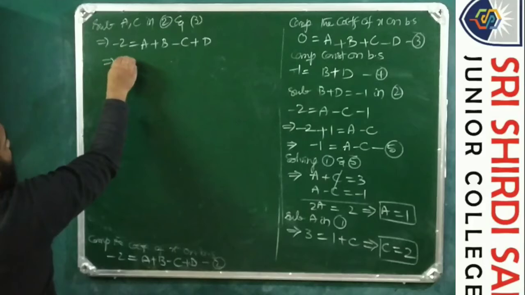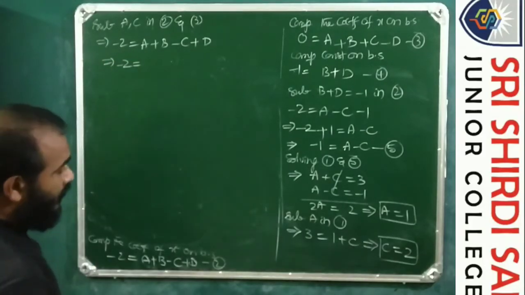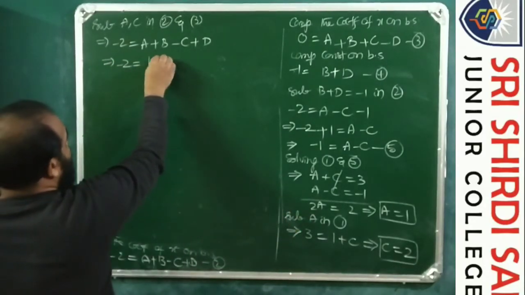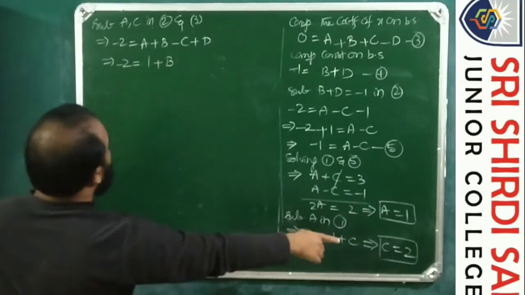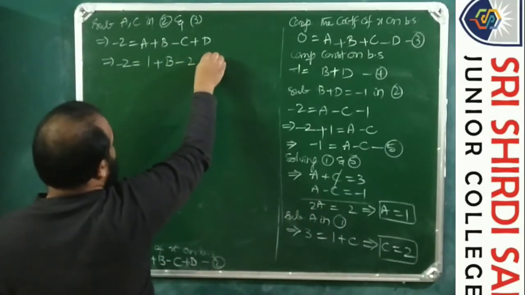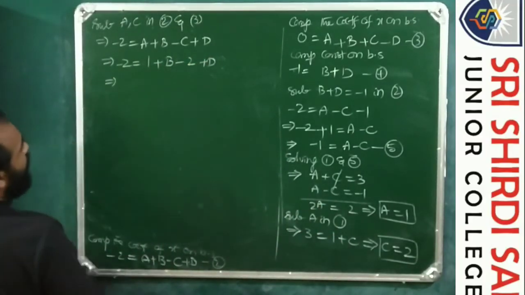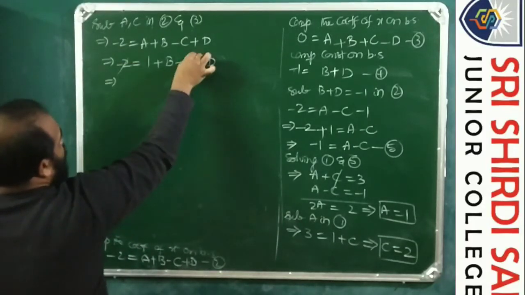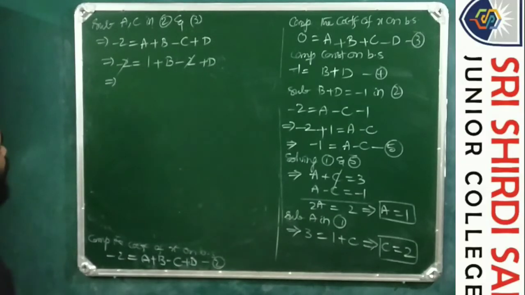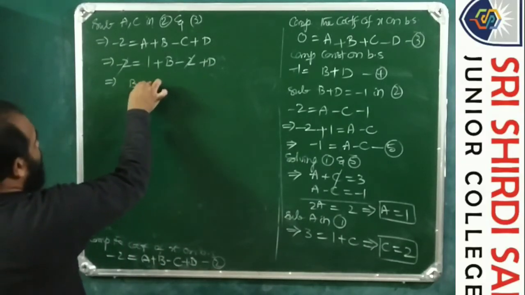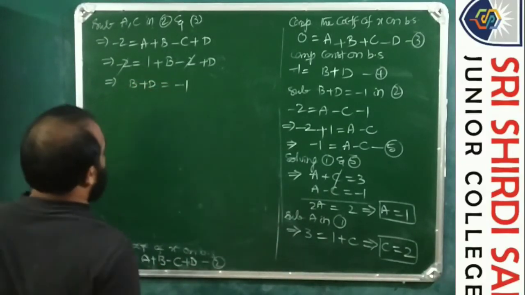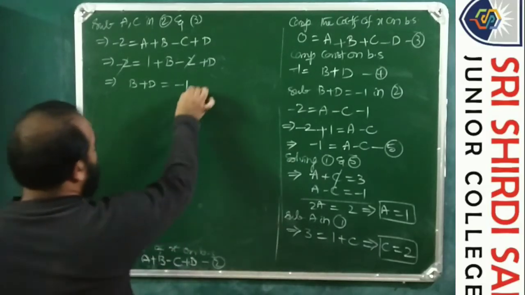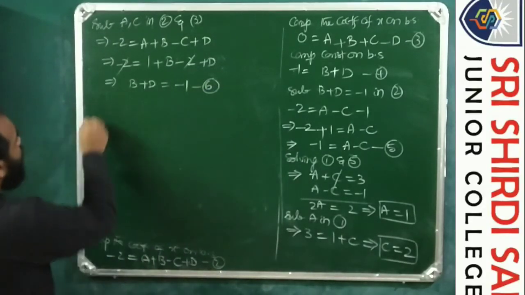So minus 2 equals, the value of a is 1, plus b, c value is minus 2, plus d. So minus 2 gets cancelled on both sides. We get b plus d is equal to minus 1. So let us suppose that this is the sixth equation.